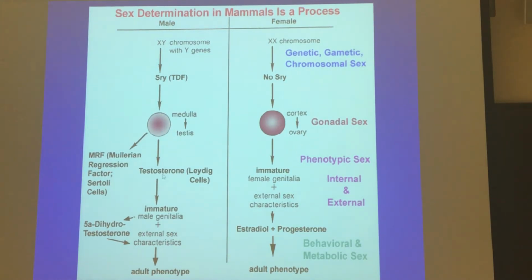Likewise, the testis producing testosterone and MRF are going to stimulate male development toward an immature male internal phenotype with the testis and the supporting ductal structures and glands, accessory glands. And the male genitalia will form the immature penis, the scrotal compartment, which may or may not hold the testis at the time of birth.